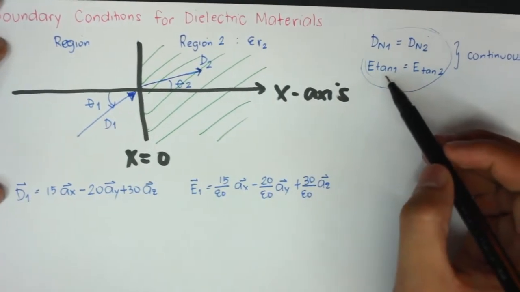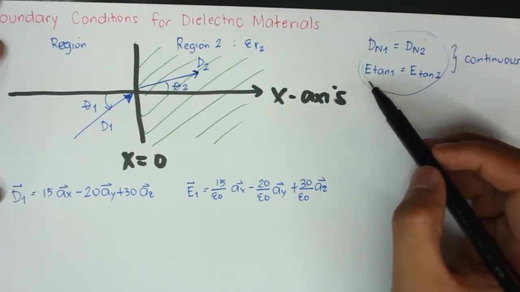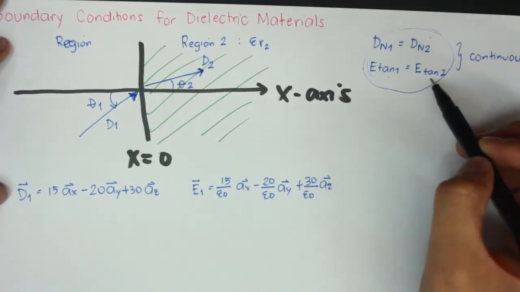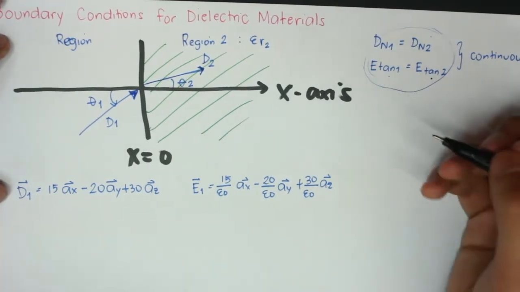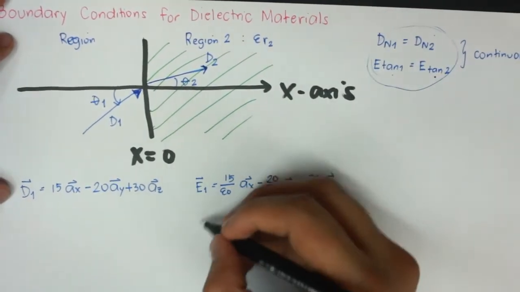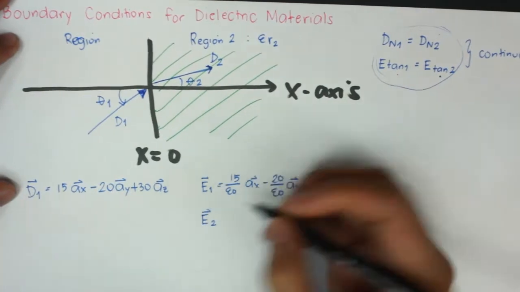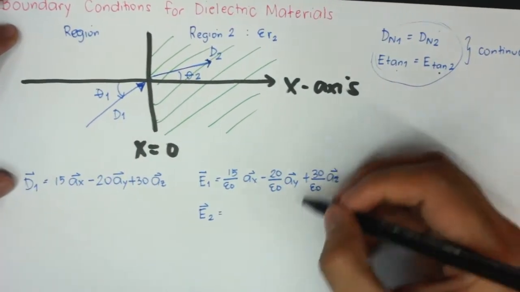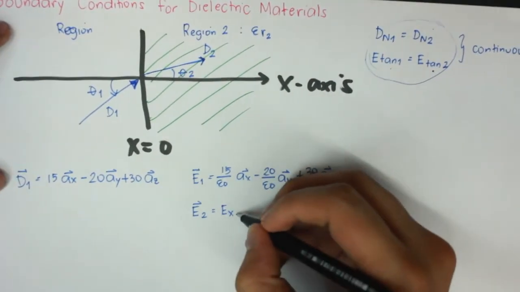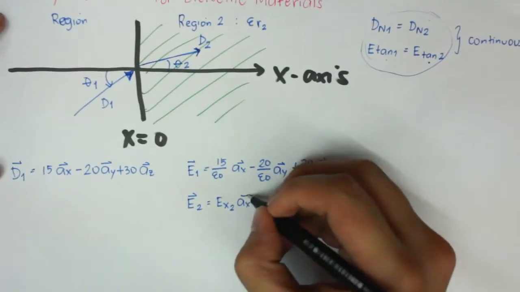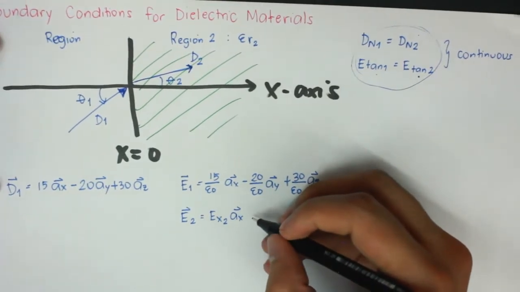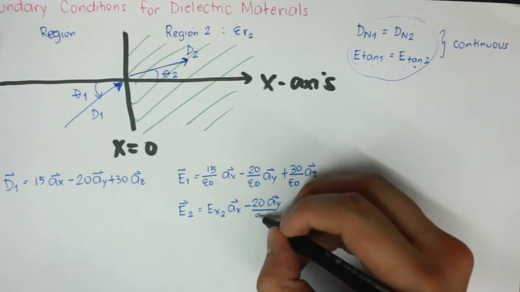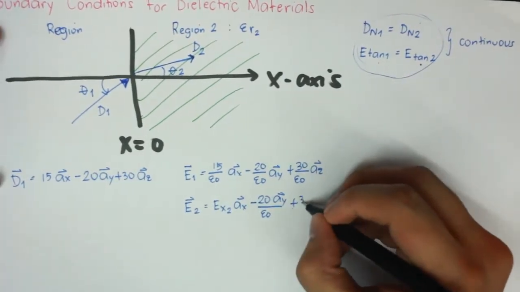And then we say that the tangential component of the electric field from region 1 is equal to the tangential field of the electric field of 2. Since our tangential components are the y and z, they are equal. So let's say Ex2 is the ax hat component, and then the y and z components are the same, since they are the tangential ones.